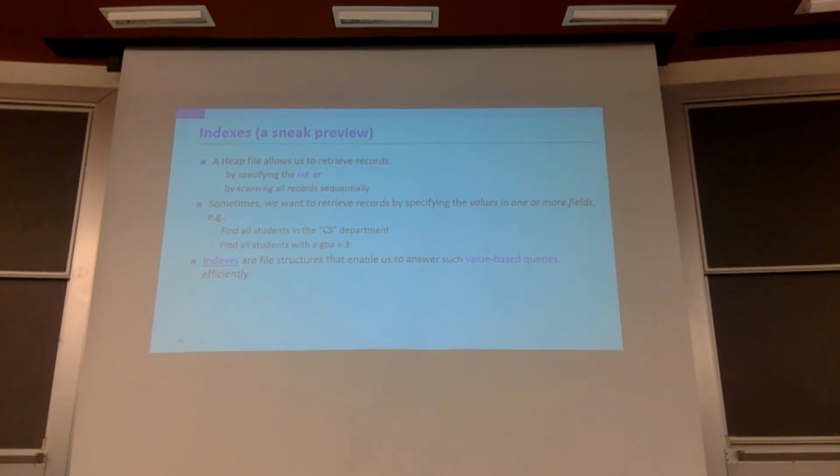Don't worry about B-tree or hash, we will talk about that later. But to handle searches with different types of conditions, you need different kinds of indexes. We will talk in detail about the hash index and B-tree index later.